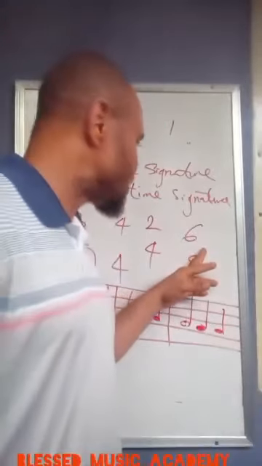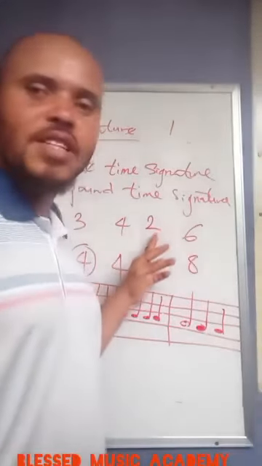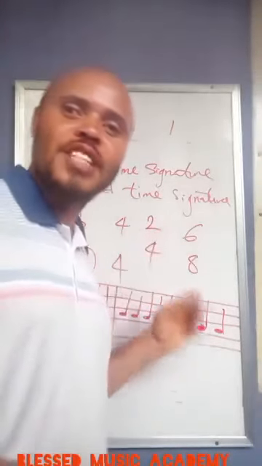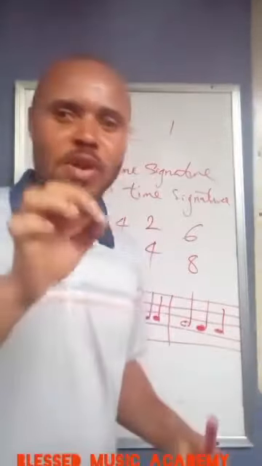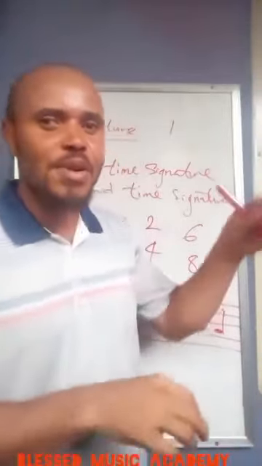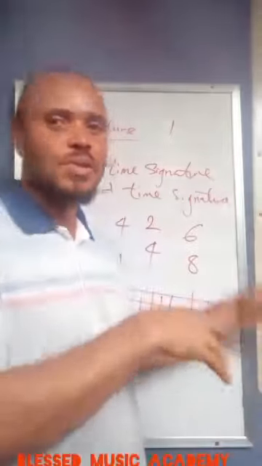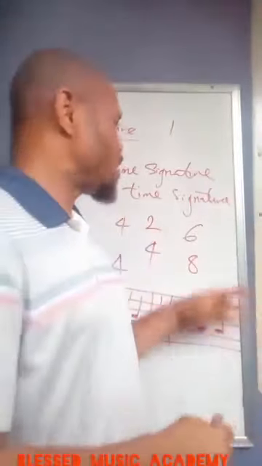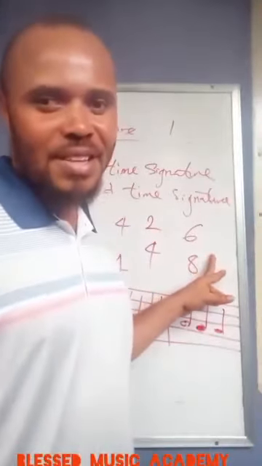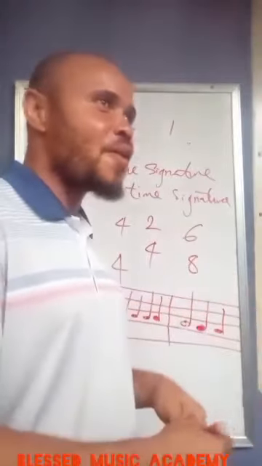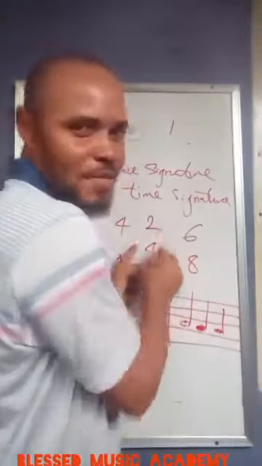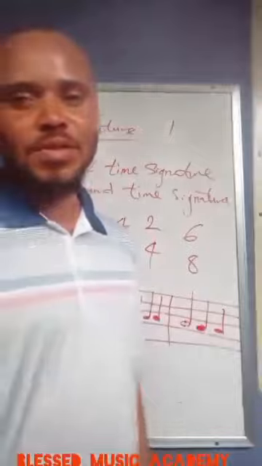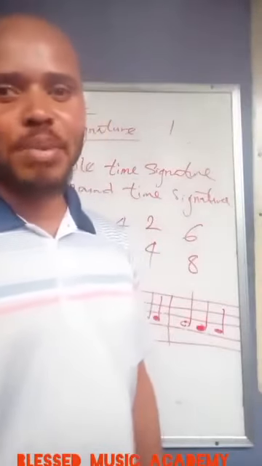So in 6/8, the movement is 2, 4: 2 crochet beats in a bar. So each bar must have 2 crochet beats. That gives you 1, 2, 1, 2. Actually, it's a quaver song, but you convert that quaver to give you 2 crochet beats.